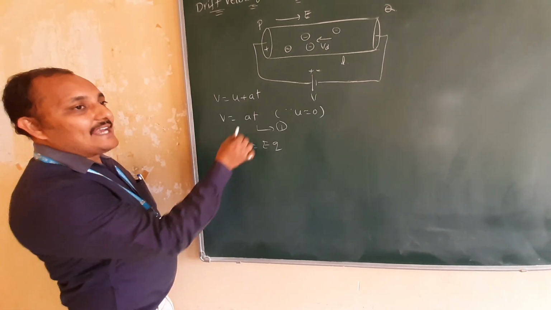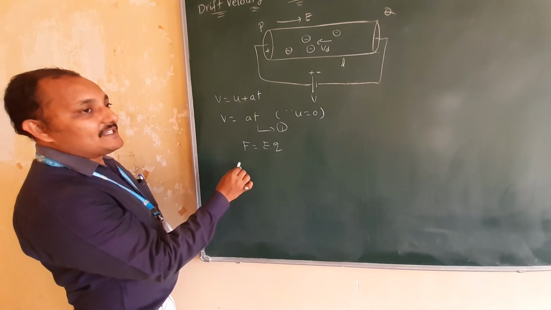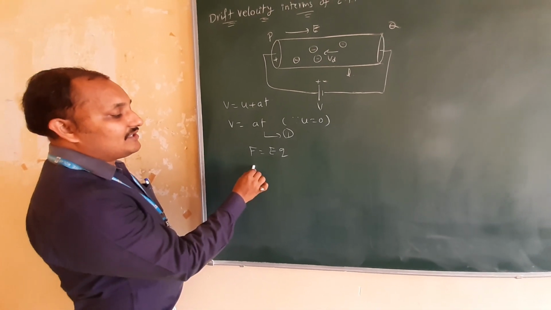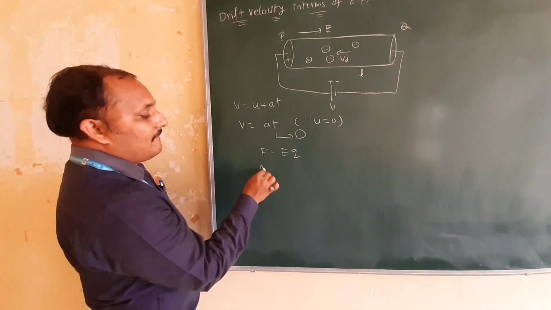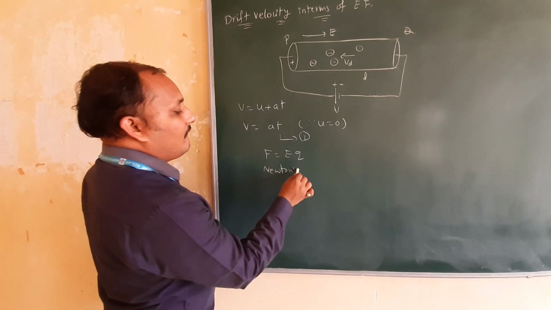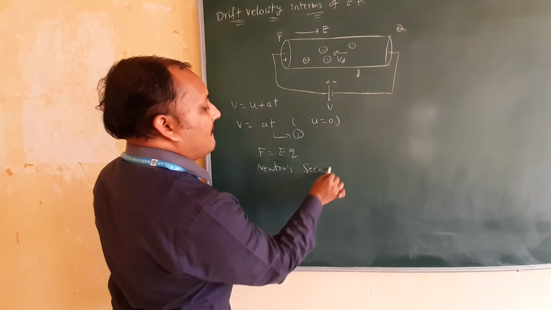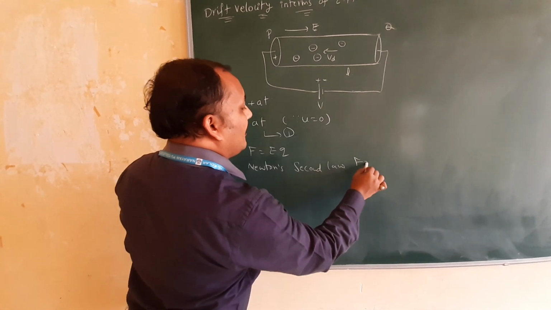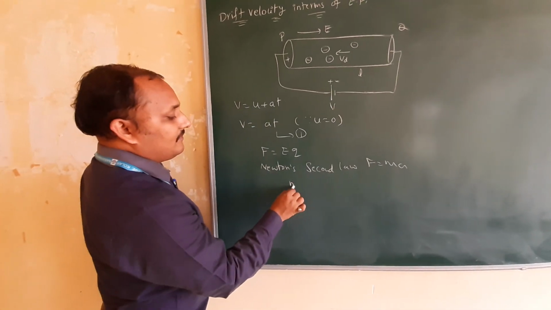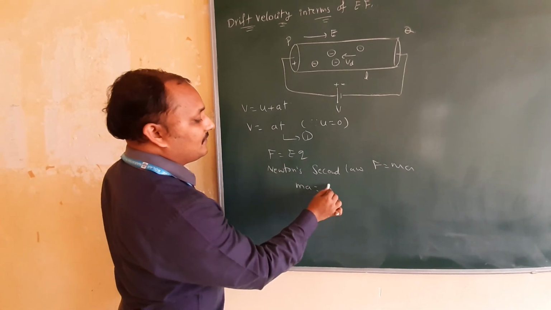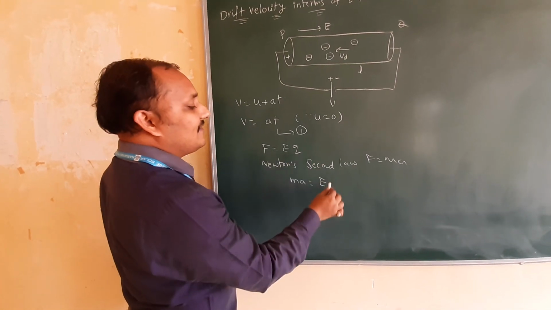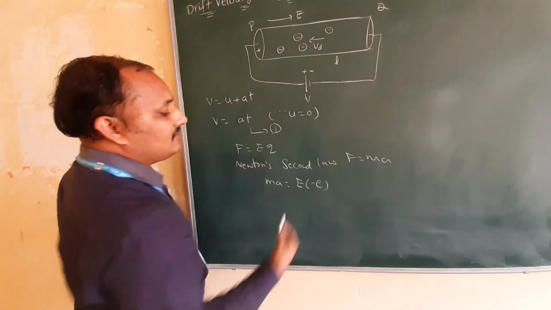Then with what acceleration are those moving? According to Newton's second law, F is equal to MA. Then MA should be equal to E times the charge of the electron. How much is the charge of the electron?